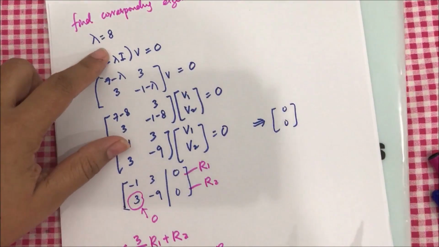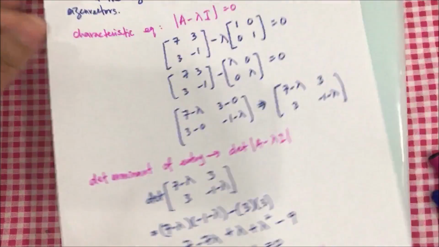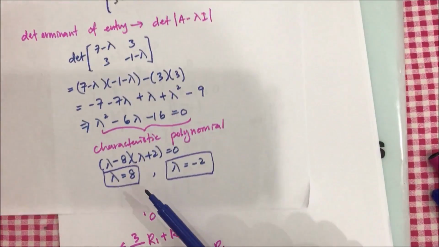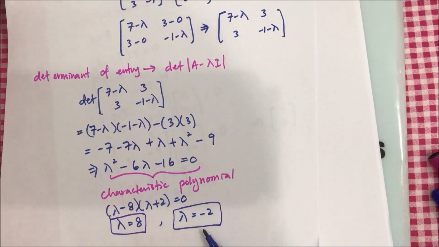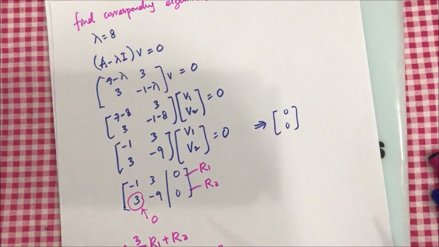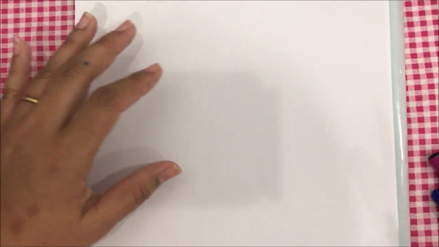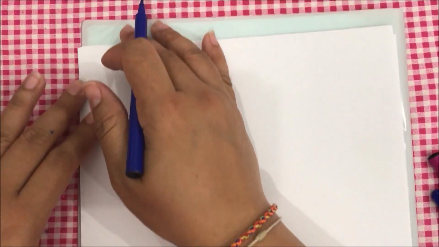Now the next one, because just now we had two eigenvalues, right? One is 8 and one is -2. So next we are going to find the corresponding eigenvector when the eigenvalue is -2.